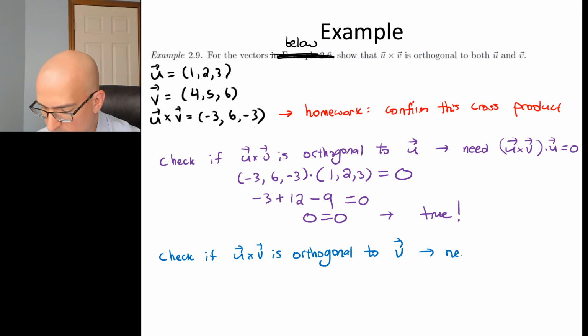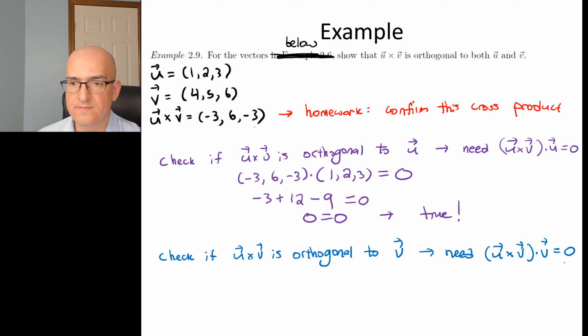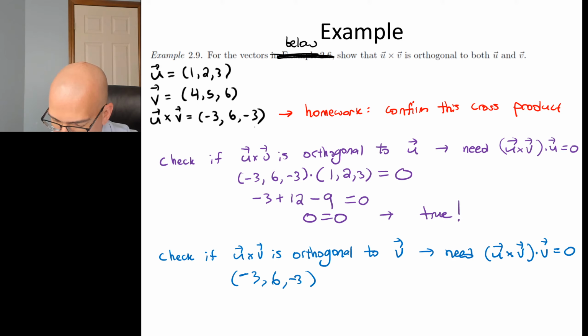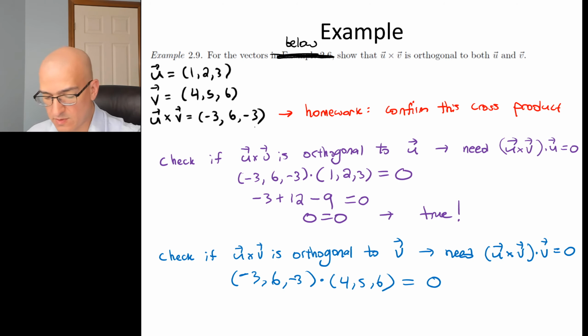For this, we need that u cross v dot v is equal to 0. So let's check that. Negative 3, comma 6, comma negative 3 dot 4, 5, 6 equals 0. We're going to make sure this is true.